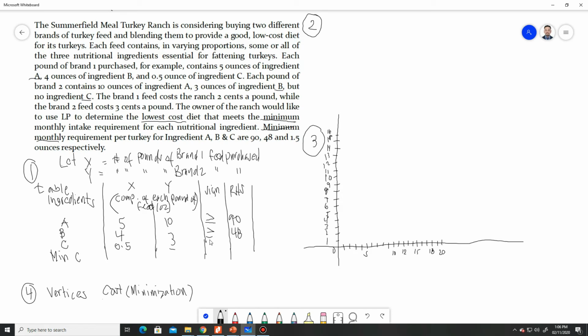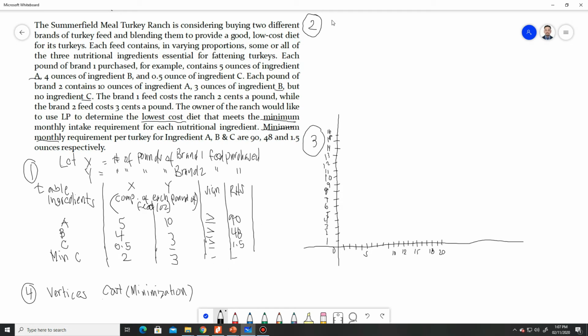And for ingredient C, it's 1.5 ounces. And then we can see here that brand 1 feed costs the ranch 2 cents per pound. We put here 2. While brand 2 feed costs 3 cents per pound.